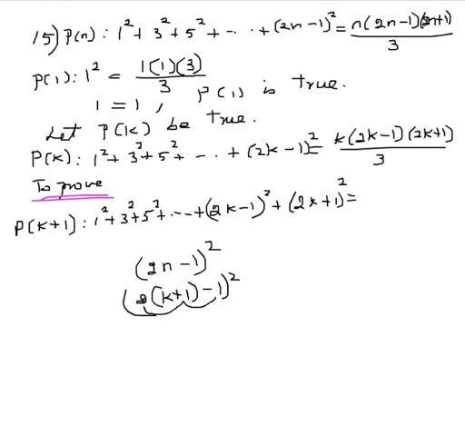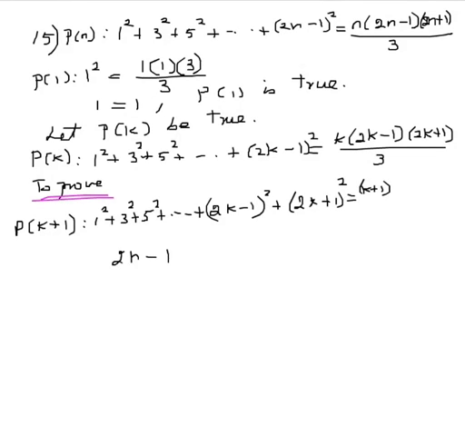Similarly, on the left hand side, substitute n as k plus 1. And the next factor is 2n minus 1, just now we did, 2k plus 1 it becomes. Then we have 2n plus 1. So replace n as k plus 1. We get 2k plus 3.